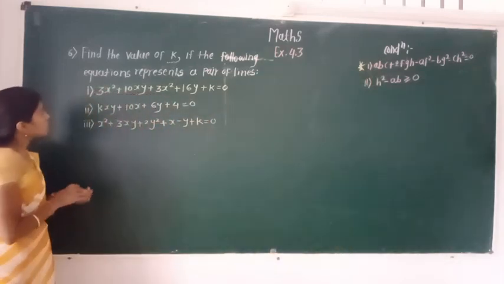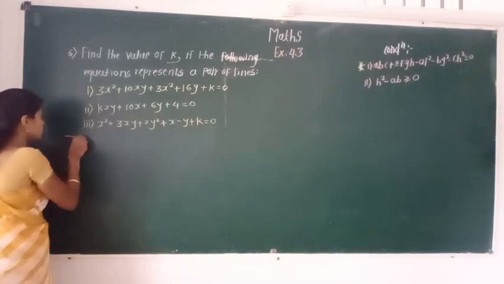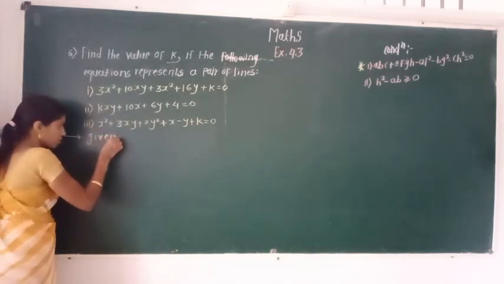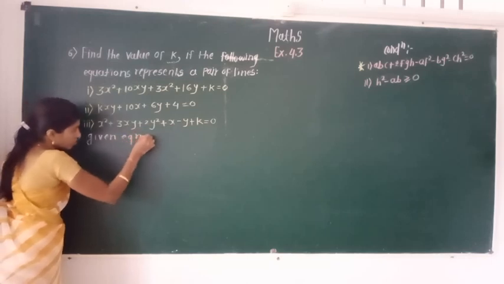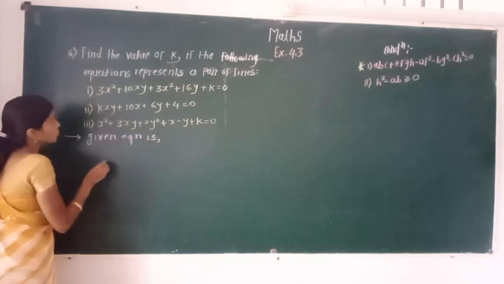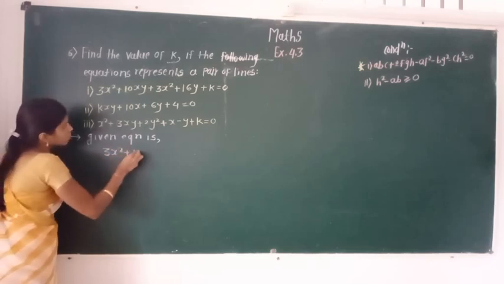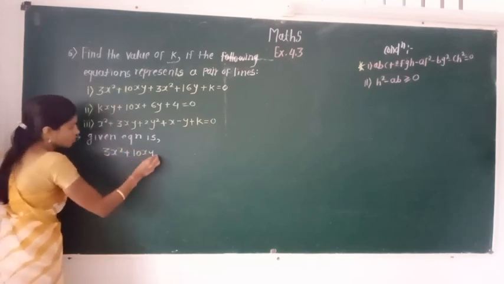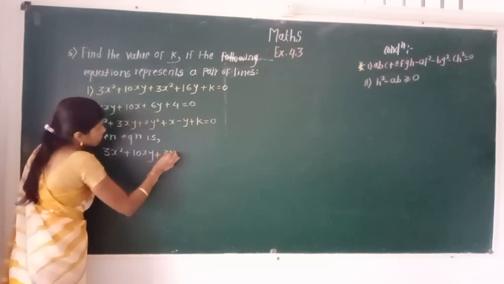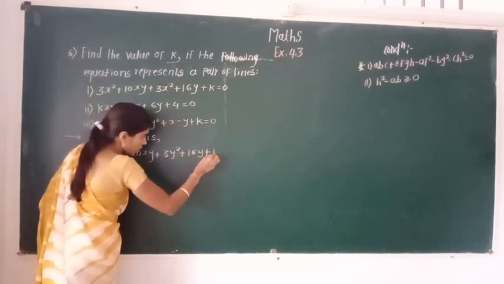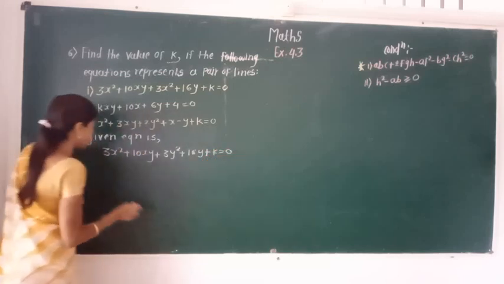Now, see, the first example is here. Given equation is px square plus 10xy plus 3y square plus 16y plus k is equal to 0.